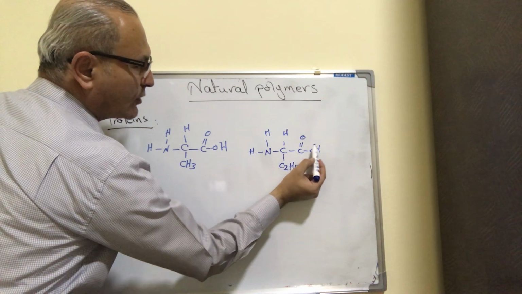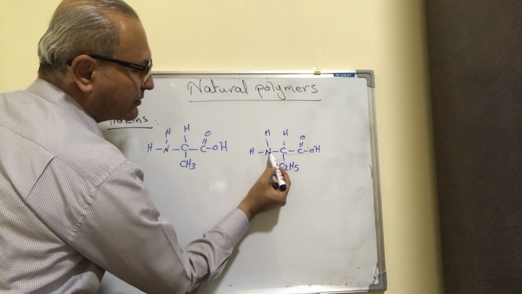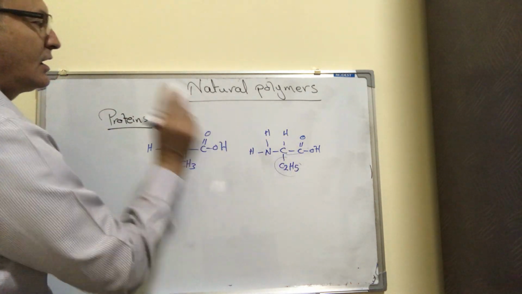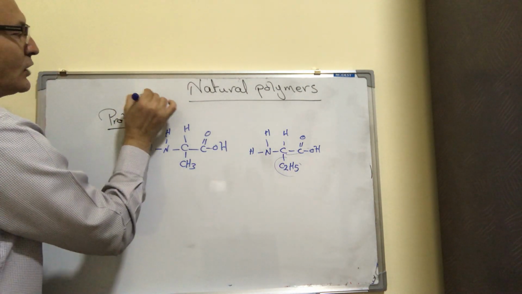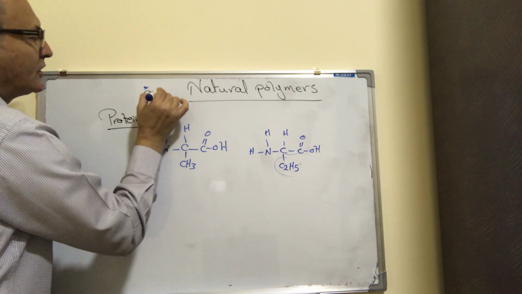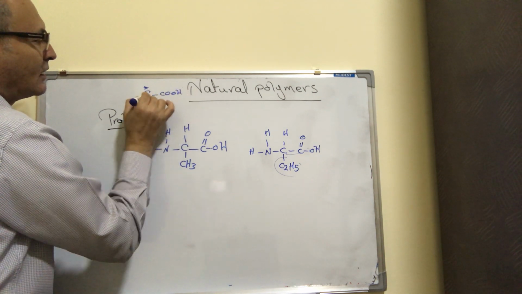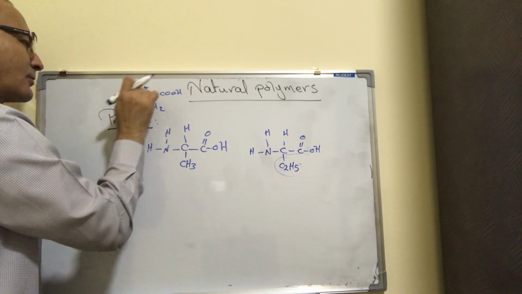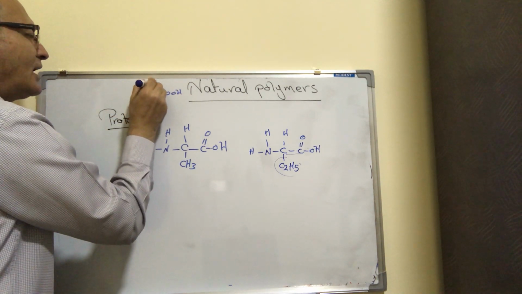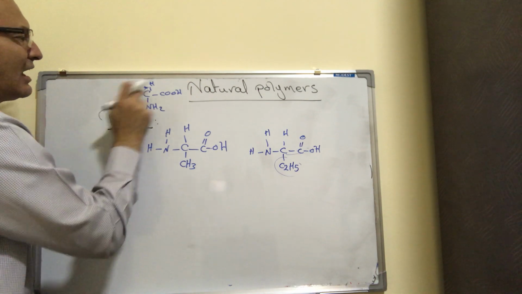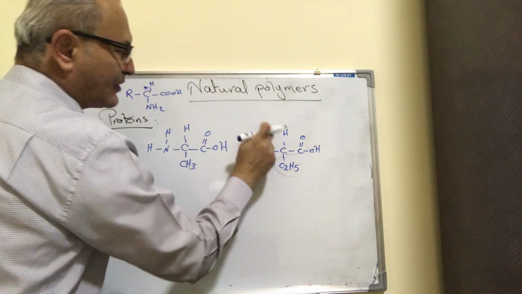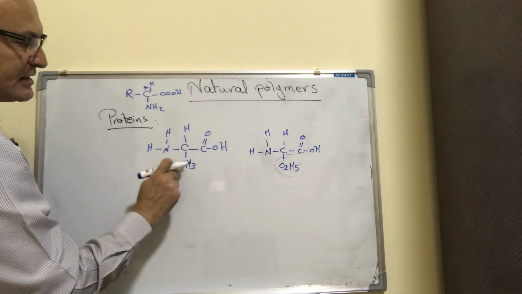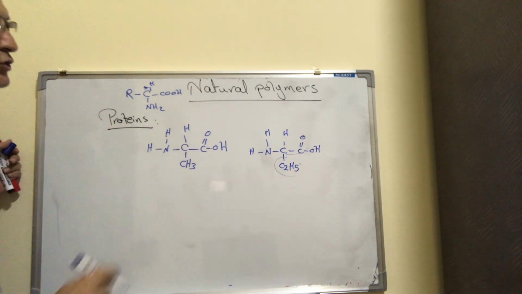Alpha amino acid. The COOH is bonded to the same carbon, and it contains an R group and H around it. So don't forget that the amino acid should have a carbon bonded to COOH, NH2, I don't care about the position, and one hydrogen and one R group. Are these found here? Yes. This is the NH2, this is the COOH, this is the H, this is the R group. This is the R group, H, COOH, NH2, and so on.